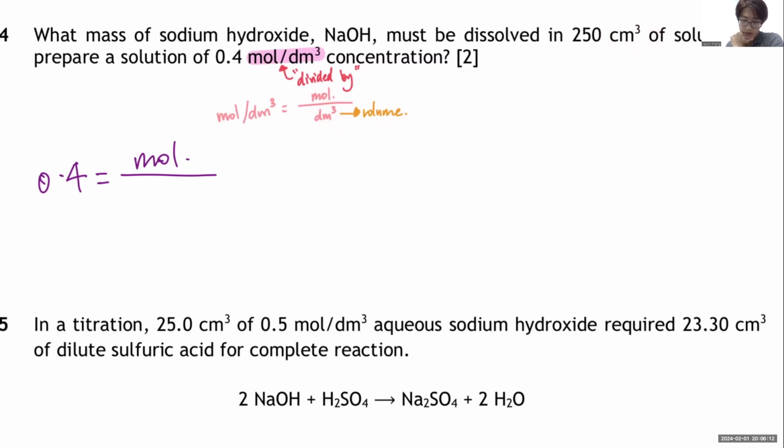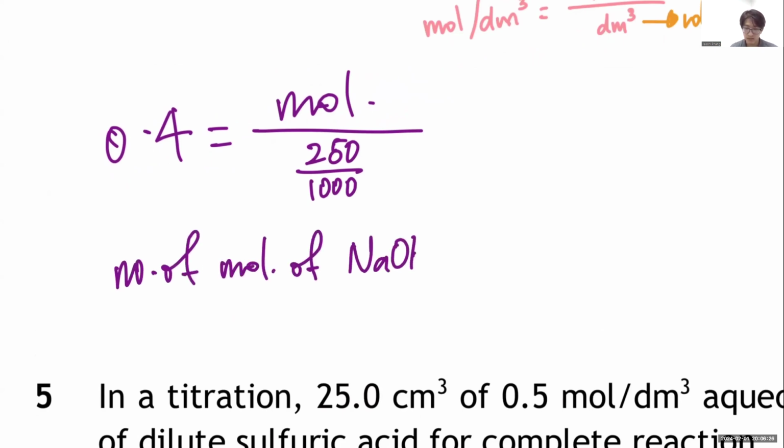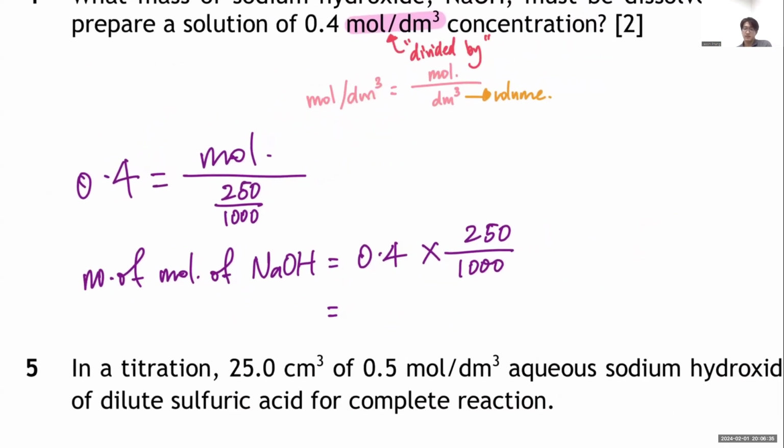So how to convert? Very good. Rearrange this. Okay. 4 times 5. What do we get? 0.1.